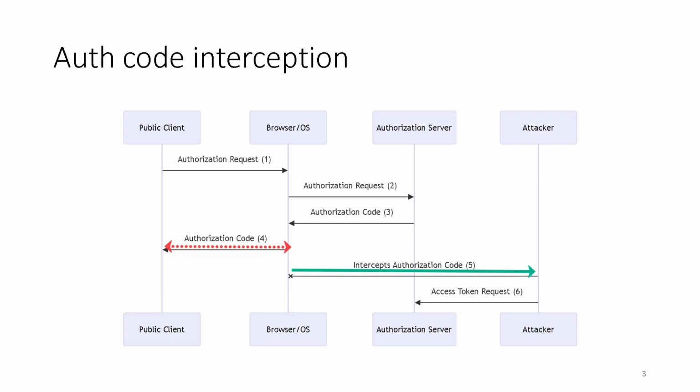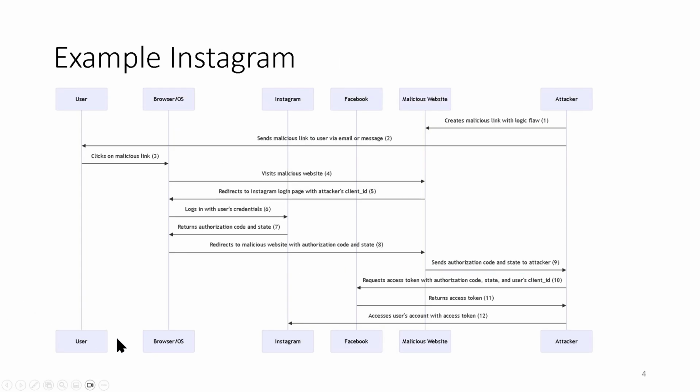So this is within the client's operating system, sometimes not protected by TLS. Once they capture that authorization code, the attacker uses it to request an access token from the authorization server. This is an example of an actual vulnerability that exploited this issue concerning an Instagram application.